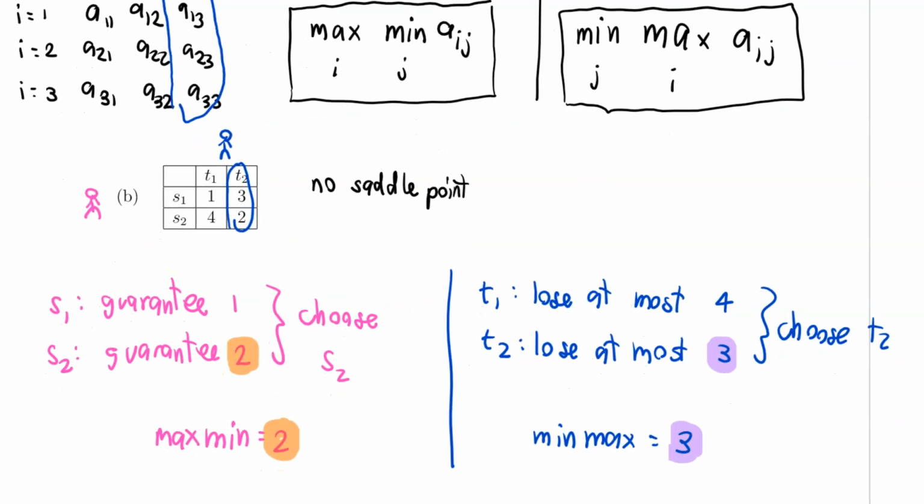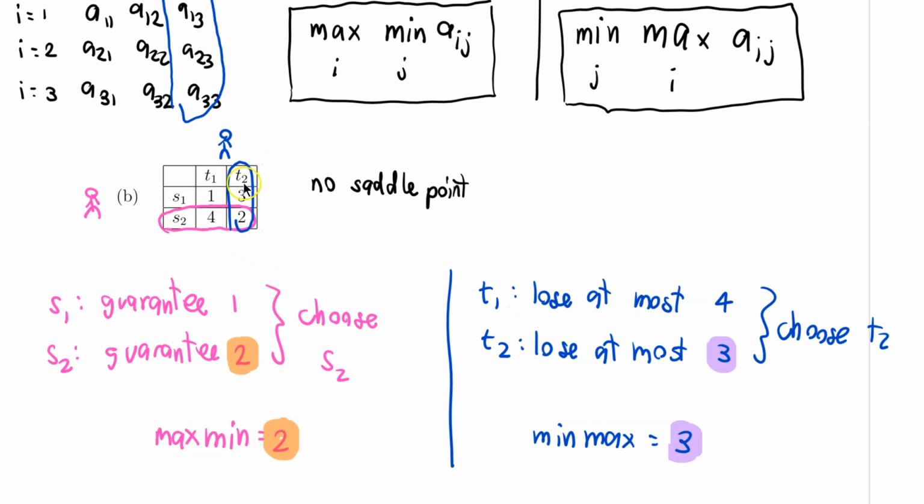So if we were to take a look at this for a moment, what's going to happen if we were to play this game? If we were to use the max-min principle, it says Alice should choose f2. So let's pretend this is going to happen. Alice chooses f2, Bob chooses t2.